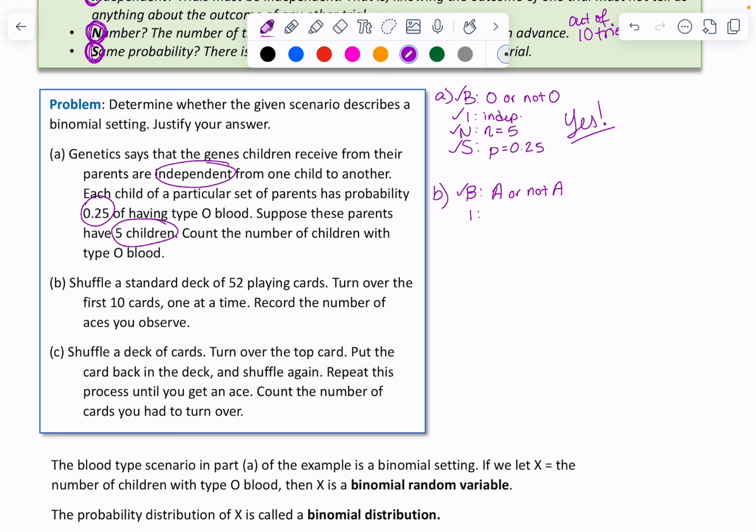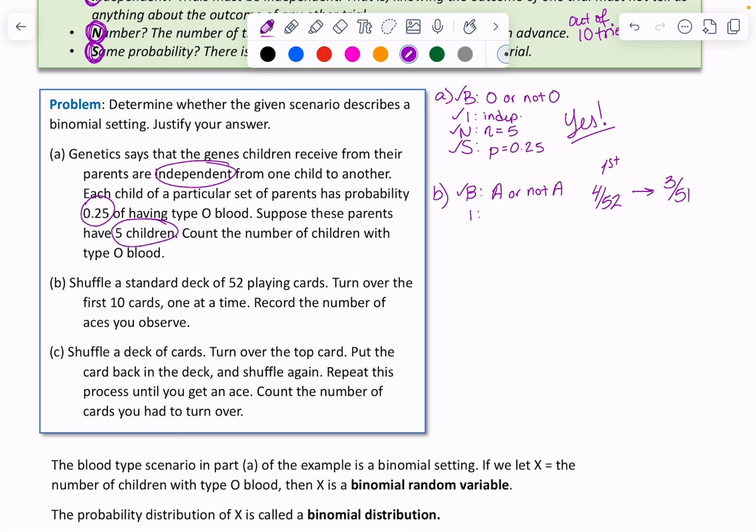Independent. Here's where it gets tricky, because if I've got 52 cards and I take the first card, that first one has a 4 out of 52 chance of being an ace. And if it is an ace, the next one has a different chance: 3, because there's one ace now missing, out of 51, because we took away a card.